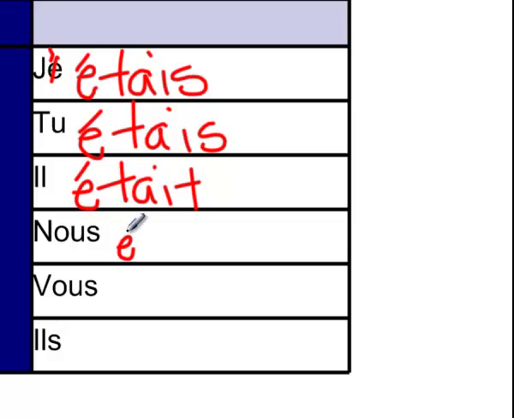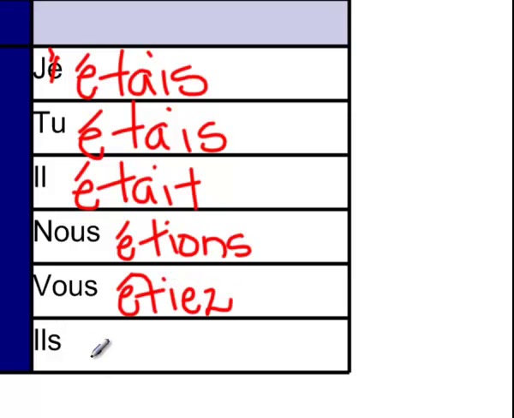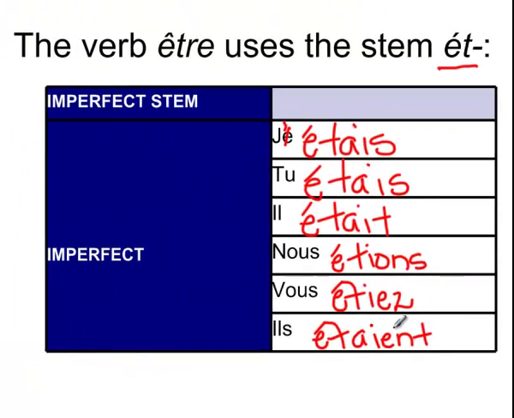We were, nous étions. So you take that ét stem and add the ions ending. Vous étiez, for you all were, and ils étaient. So that is the only verb in the entire French language that is irregular for the imparfait. For all the other verbs, you just take the present tense nous form minus the ONS and then add the imperfect endings for the necessary subject.